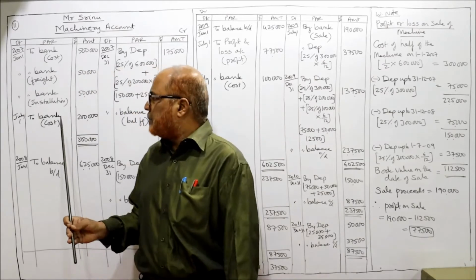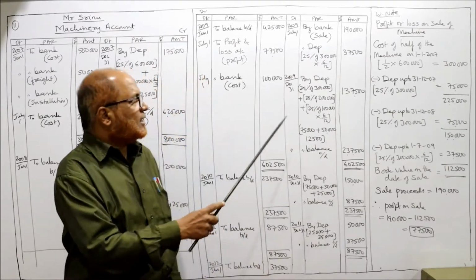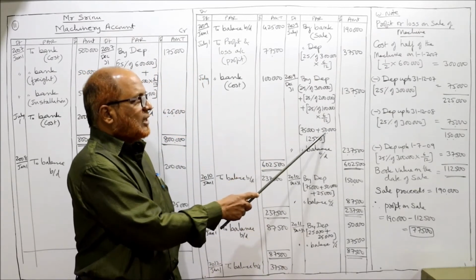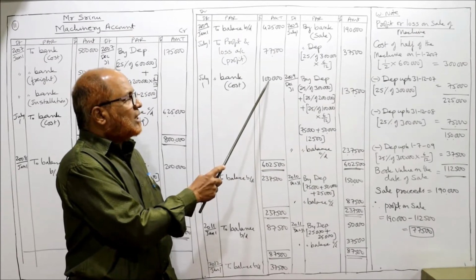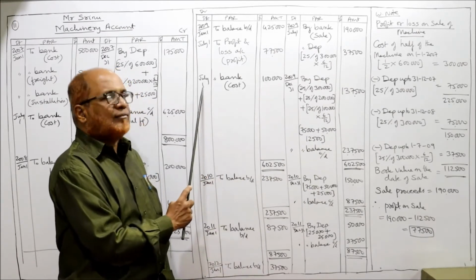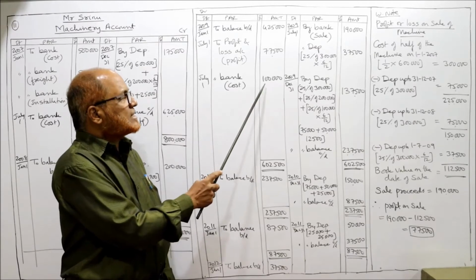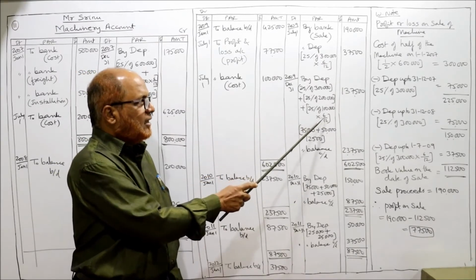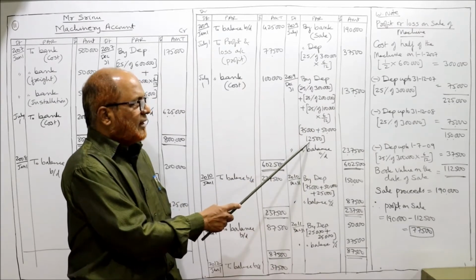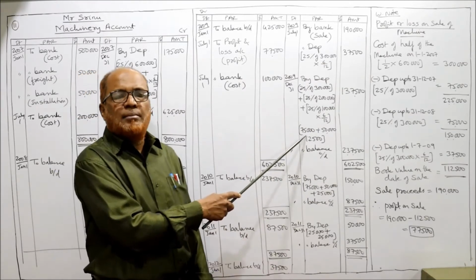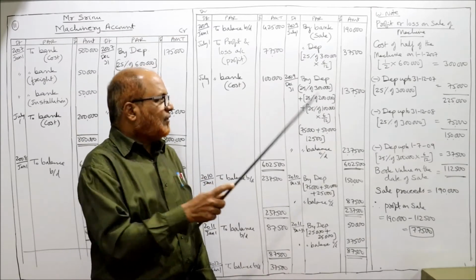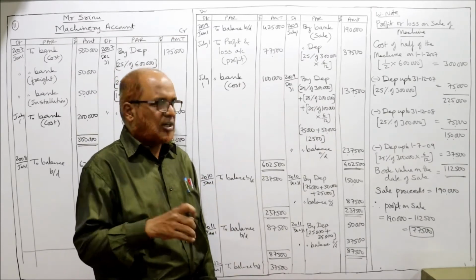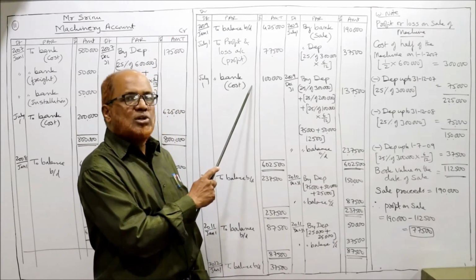Second machine, 2 lakh rupees, so 25% of 2 lakh is 50,000. Now 25% of 1 lakh into 6 by 12, 12,500. So 75,000 is the depreciation on the first machine, 50,000 is the depreciation on the second machine, and 12,500 is the depreciation on the third machine.